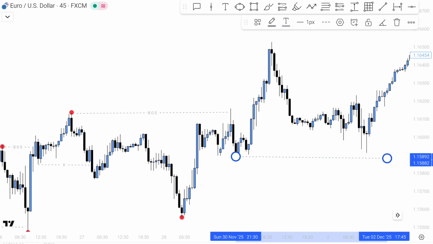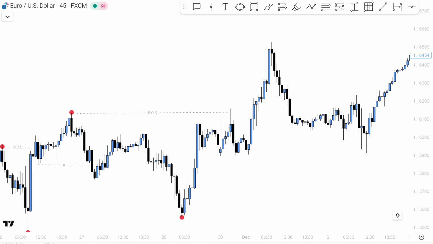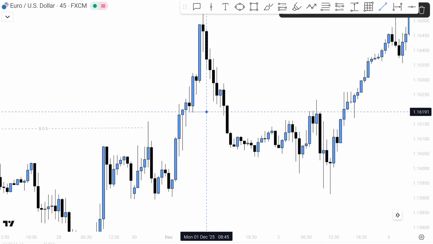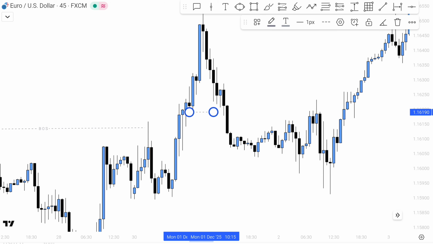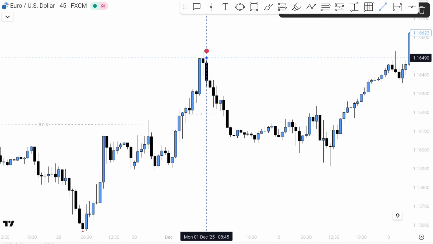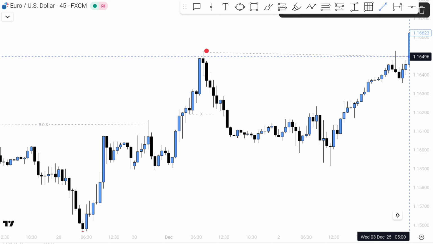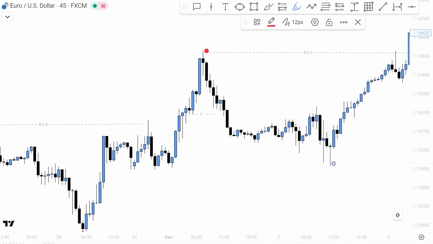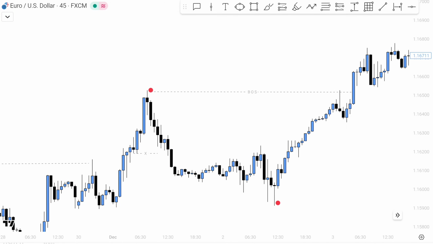Liquidity hasn't been taken by the market, so this is not our correct pullback, but at this point this was a valid pullback which market has taken out the liquidity. So our higher high confirms at this point, and with the break of the same higher high, our lower high confirms at this point, because this was the deepest point after taking out the liquidity and the confirmation of breakout structure.